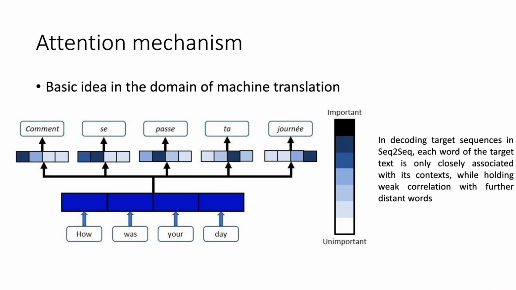For example, "how" and "was" will have a very close correlation with this word, and this word just has a very high correlation degree with this French word. So the observation shows us that not every single input element holds a physically strong correlation with the output elements in the sequence, but also the correlation should be localized.